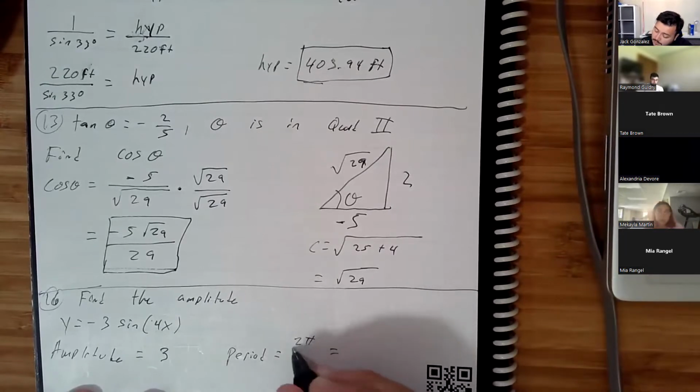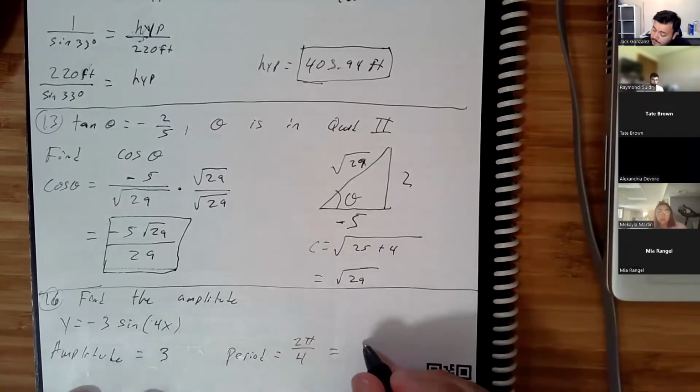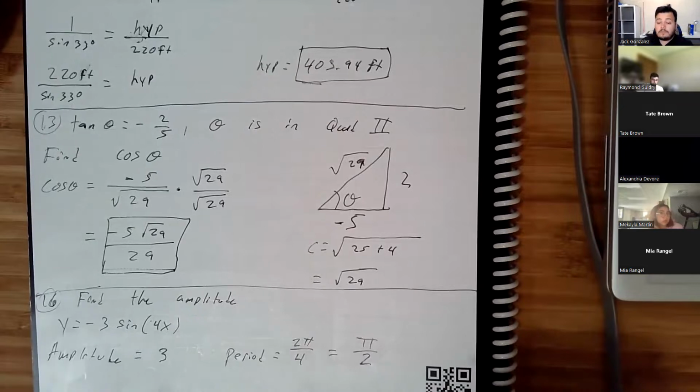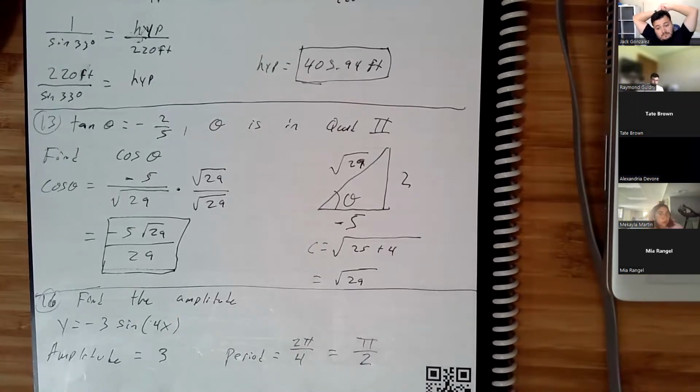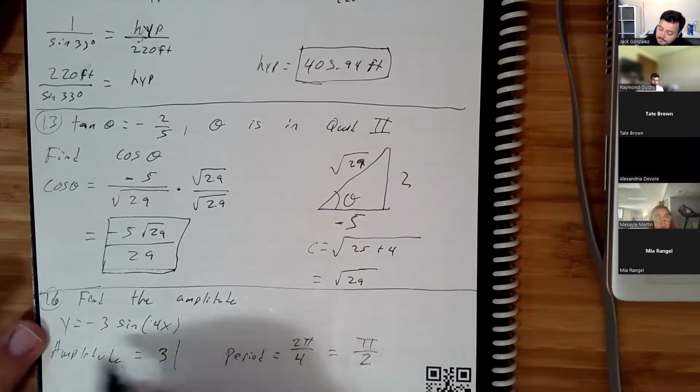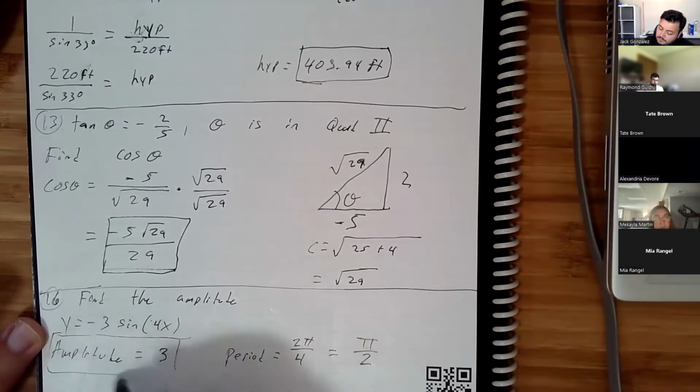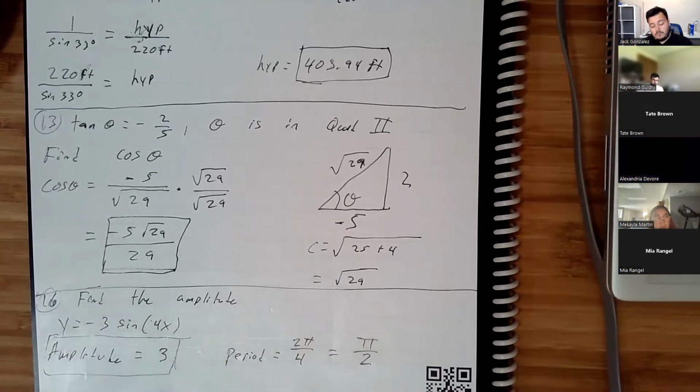It's 2 pi divided by that number. Anyway, they just asked for this. The rest are graphing questions.